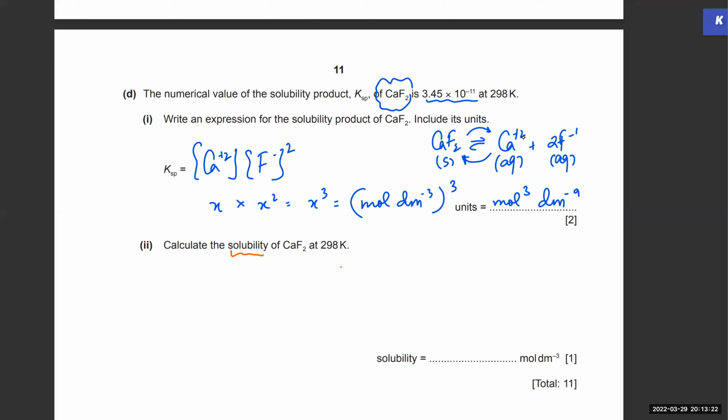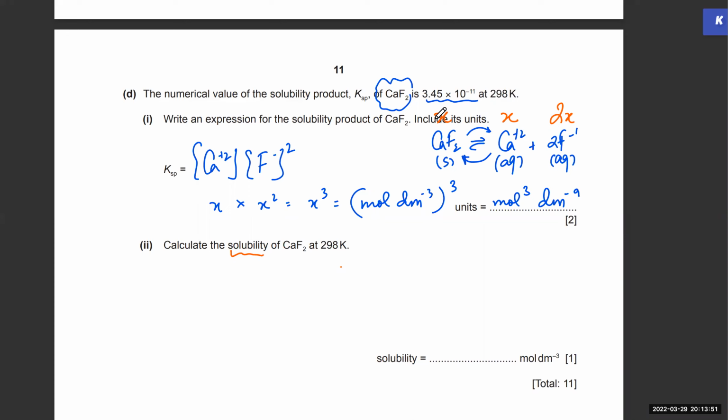We just know that calcium fluoride is dissolving, so I'm going to take that as X. I'm going to assume that X mol per dm cubed dissolves. So the amount of calcium ions produced is X mol per dm cubed, and the amount of fluoride ions produced is 2X mol per dm cubed. So X is my solubility: how much calcium fluoride is actually dissolving in the saturated solution.